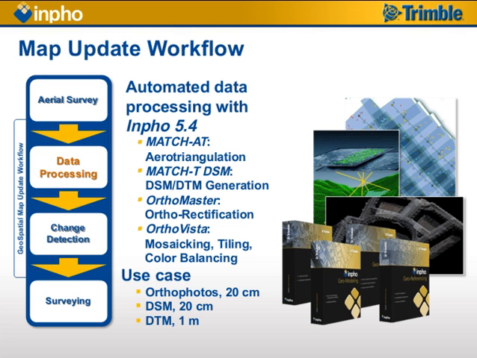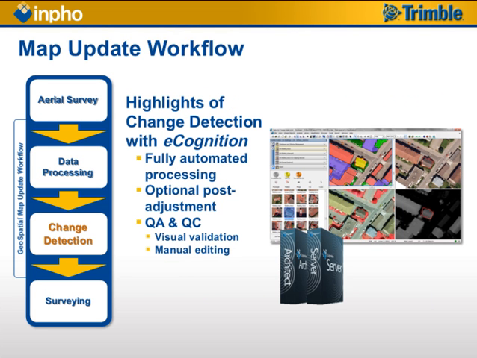And this data that we produce with our Inpho suite is now used in our eCognition software to do the change detection. That change detection inside eCognition is a fully automatic process.